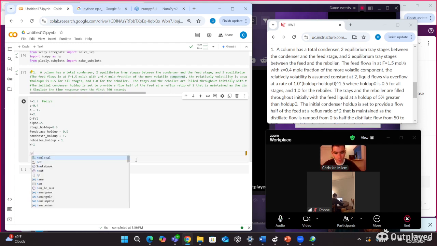So we're going to have np.r_. I'm going to concatenate these. So we'll have condenser holdup. I don't think that needs to be in brackets.